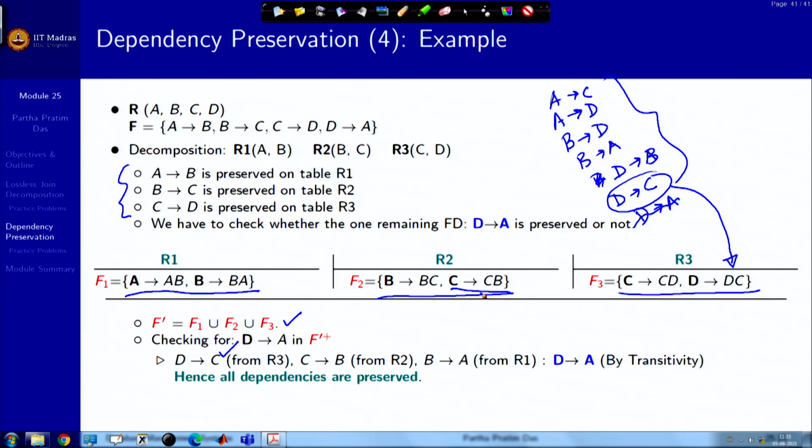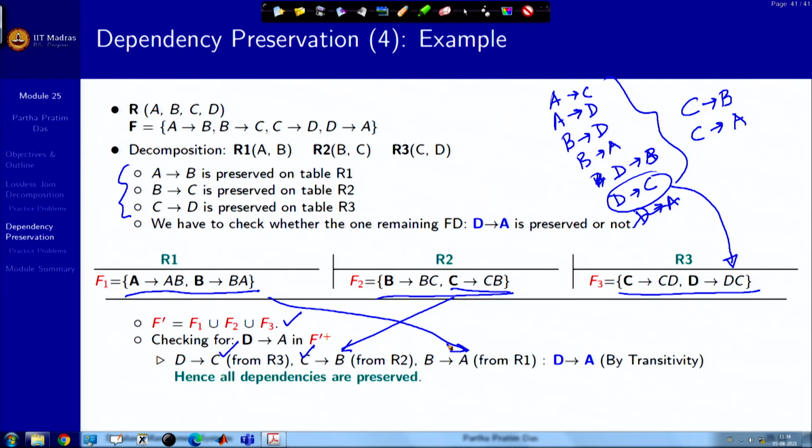C determines B. I did not compute C here. C determines B. C determines A. C determines D. B comes in from here, and B determines A comes in from here.